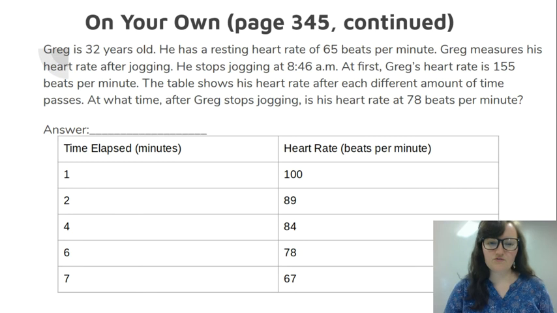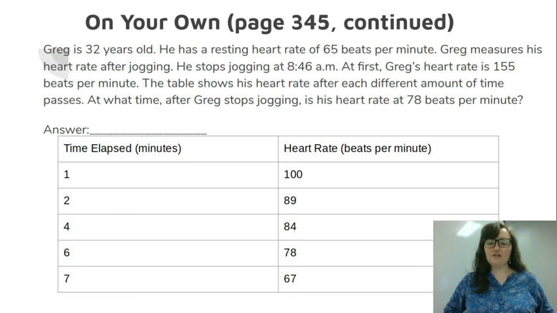At what time after Greg stops jogging is his heart rate at 78 beats per minute? So look at the chart and see how many minutes have gone by. That measures up with 78 beats per minute. All you have to do is just look at the chart. Hint, hint. All right. You can pause this video at any time.